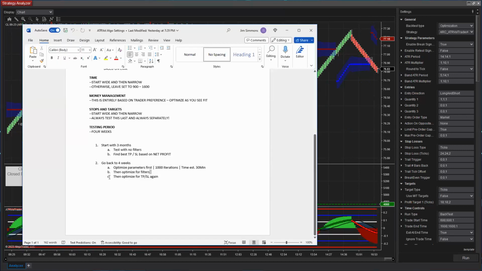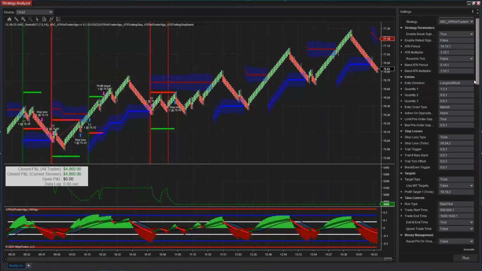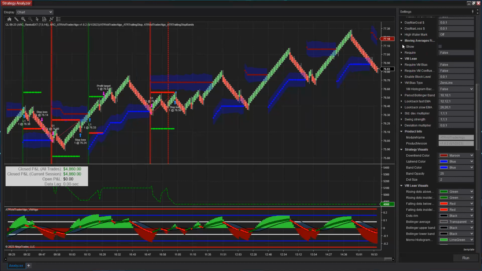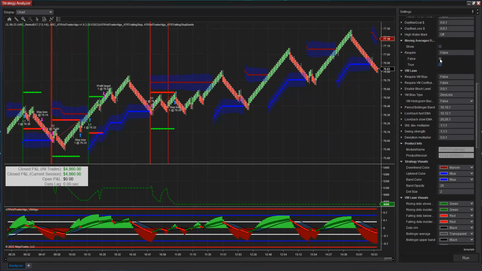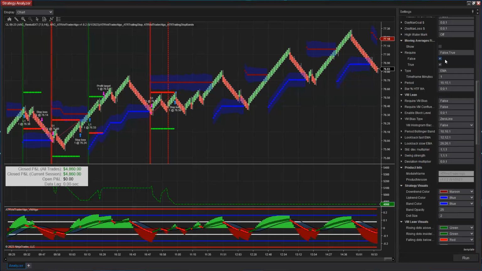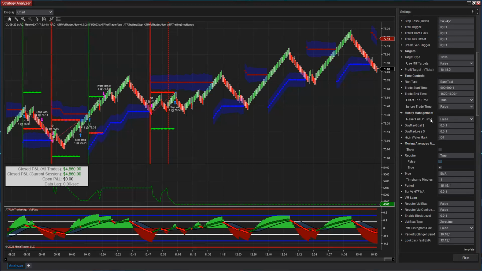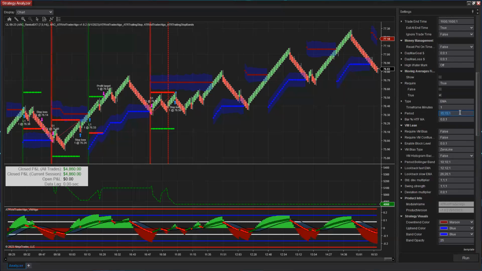Then if you need to optimize for filters, then you would go in here and you would go, okay, let's go to our moving average. Require true, obviously. And you're going to start with the period. And you'll probably go somewhere between 5 and 20.